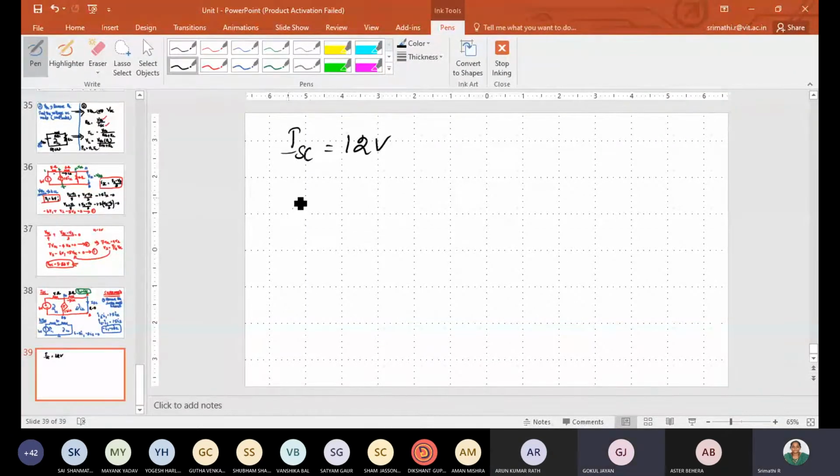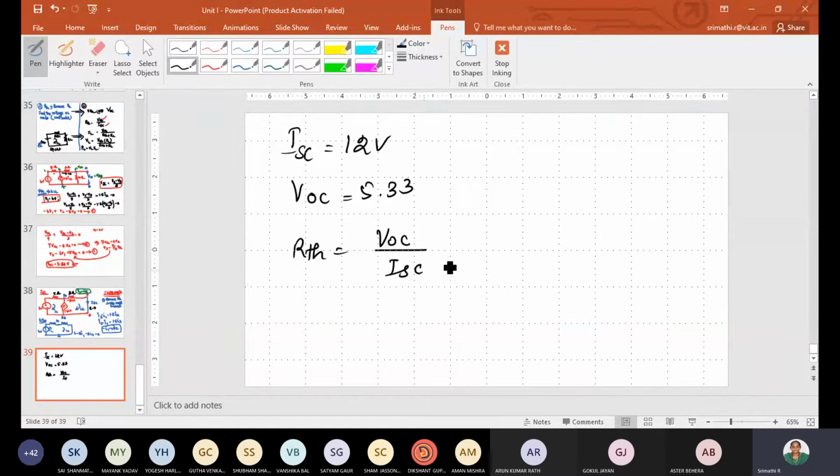Okay. So now VOC is 5.33 and ISC is 12. So what is your RThevenin? RThevenin is equal to VOC by ISC. So 5.33 divided by 12.